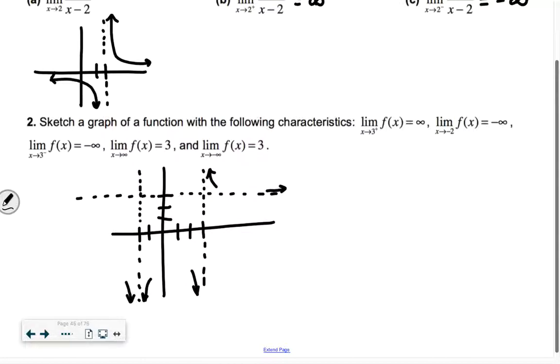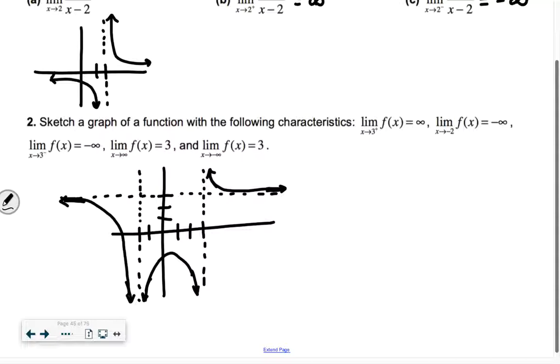Let's put it on the same side as the other one. It doesn't really matter. And as we go to negative infinity, we're also getting closer to 3. So let's put it on the same side over here. Okay, can we fill in the rest of it? So we're going to connect those two, connect these two, connect these two. These would all have those same characteristics.